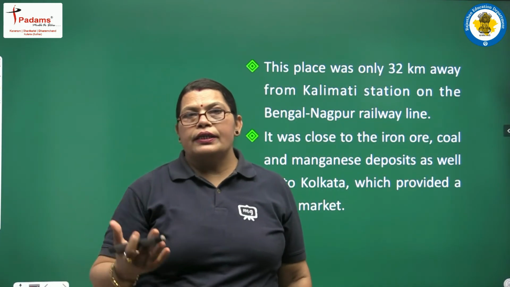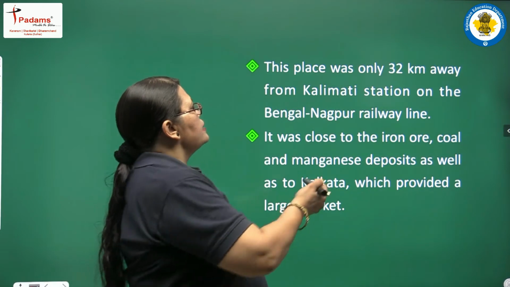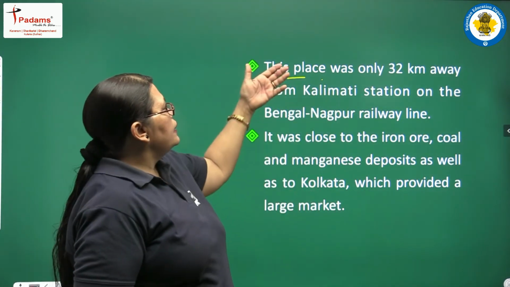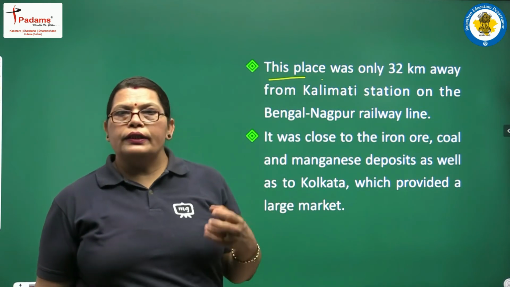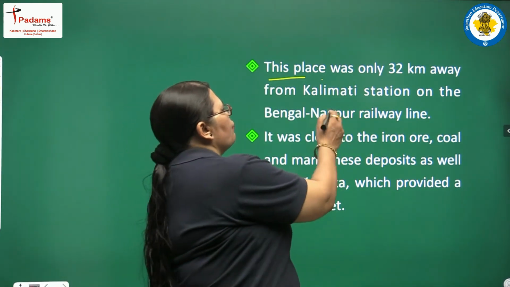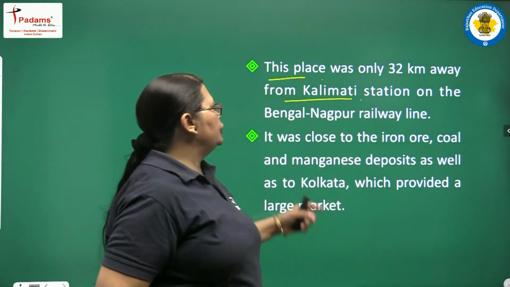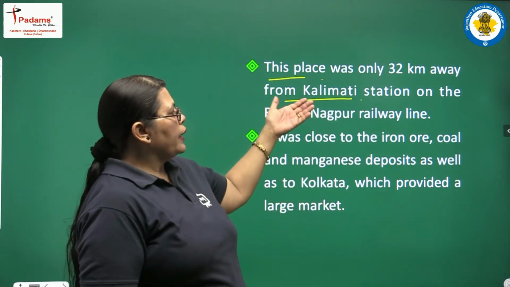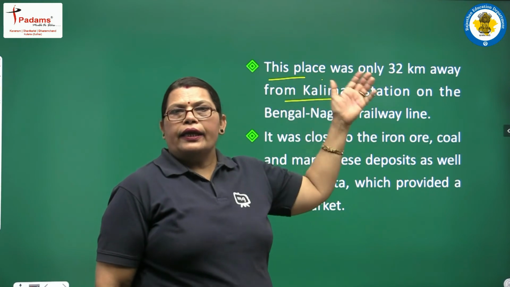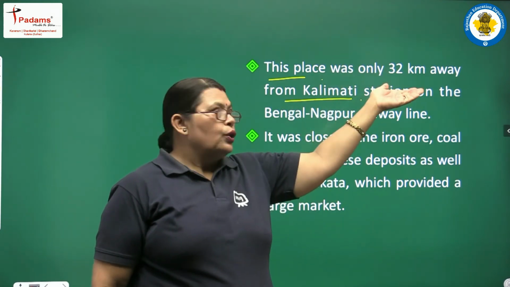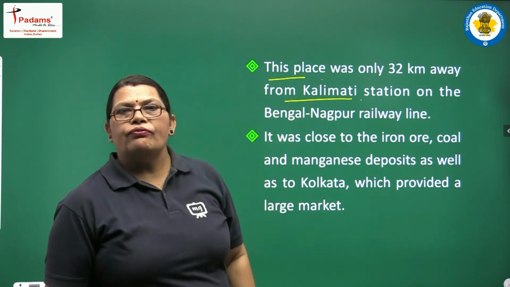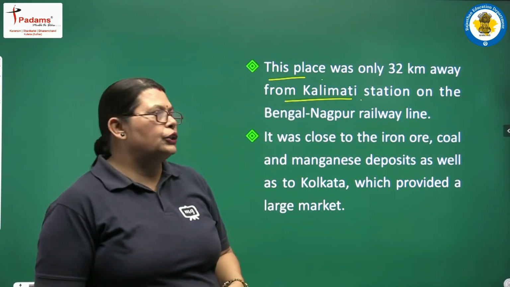Sakchi was chosen to set up the steel plant for several reasons. The first is that this place was only 32 kilometers away from Kalimati station on the Bengal Nagpur railway line. So connectivity is there; only 32 kilometers is not a big journey, and railway facilities mean proper transportation is there.